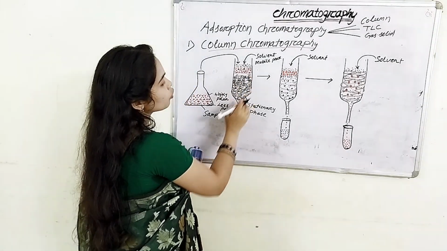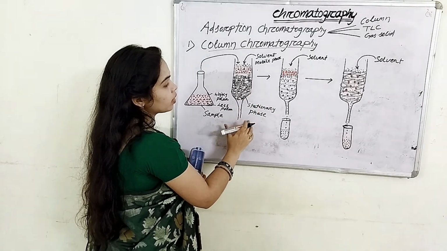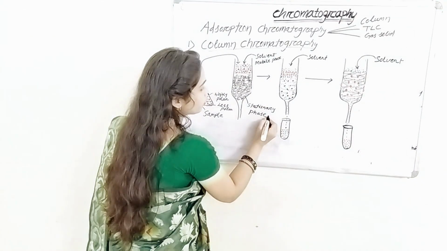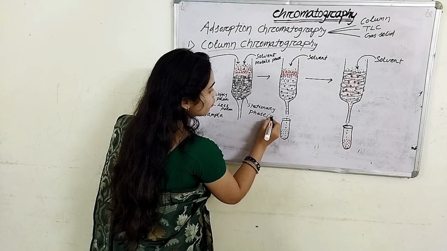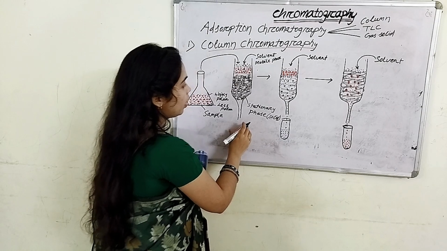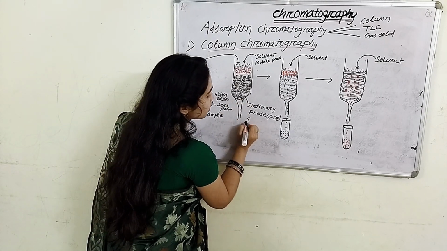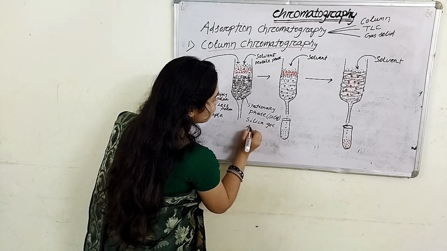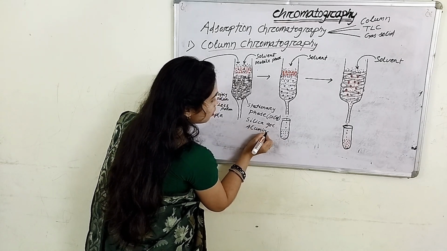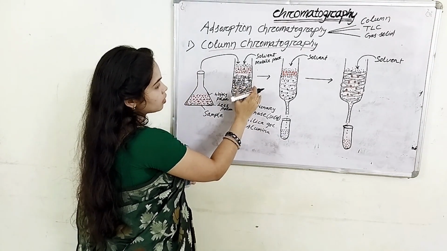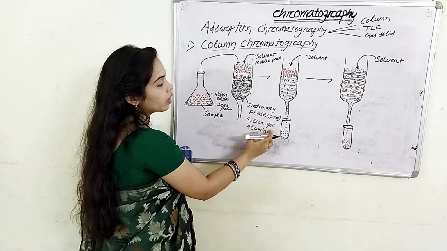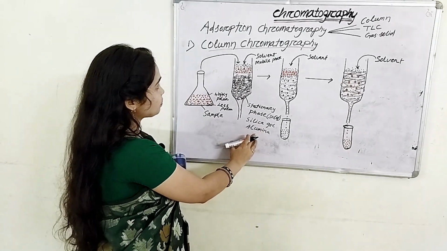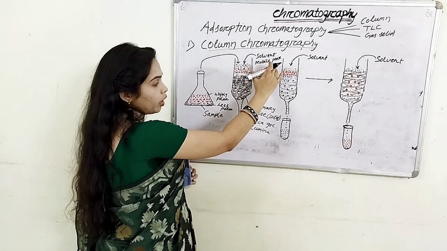So in this column chromatography, generally we are taking one stationary phase. The stationary phase is solid phase, and we are using the silica gel or alumina as stationary phase, means the column is packed with silica gel or alumina due to its porous nature, and solvent is our mobile phase here.